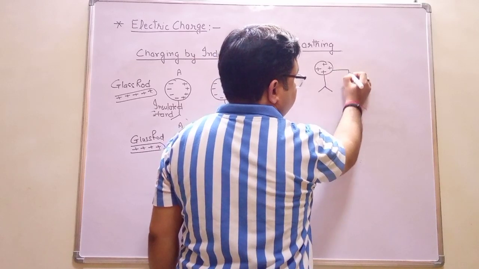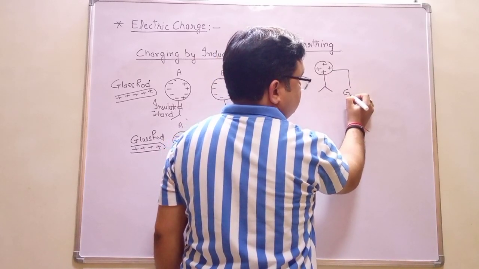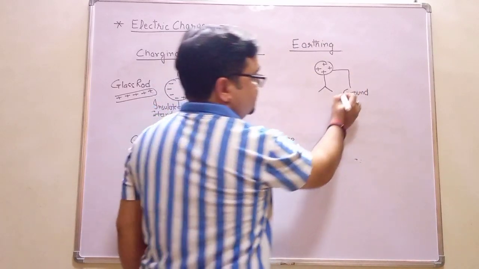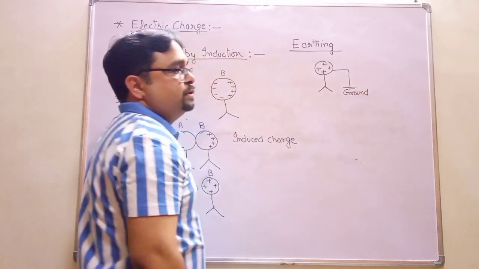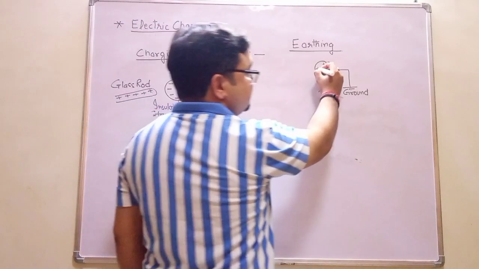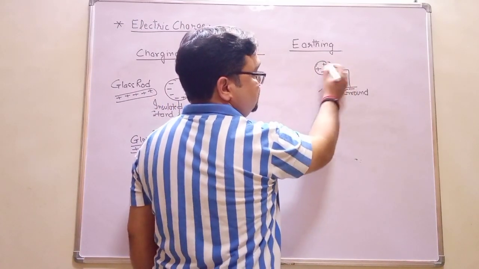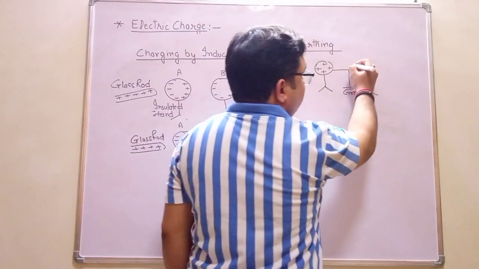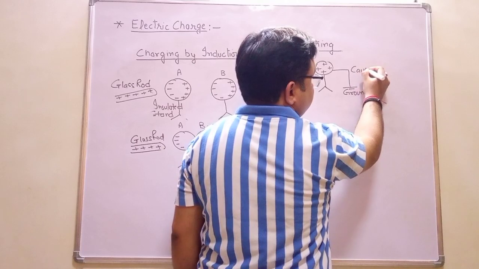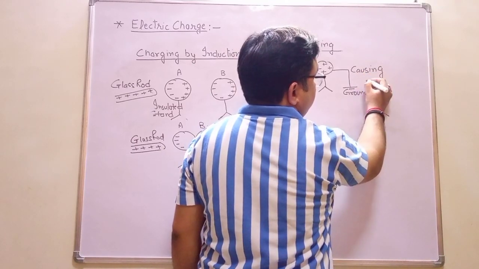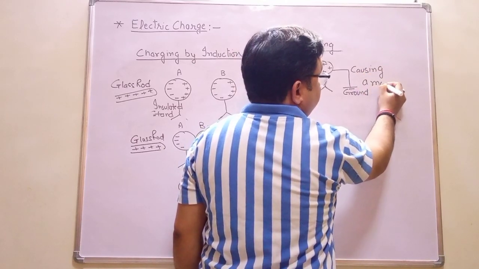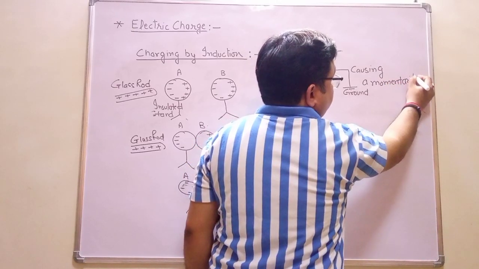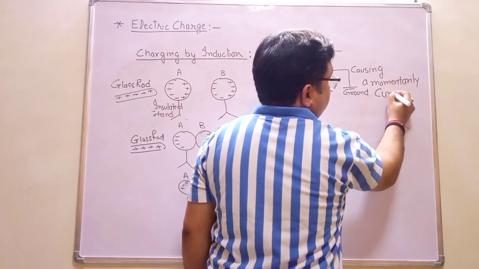If this sphere is connected with the ground using some wire, then the excess charge on this sphere will be transferred to the ground, causing a momentary current.